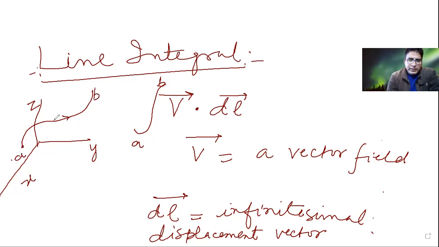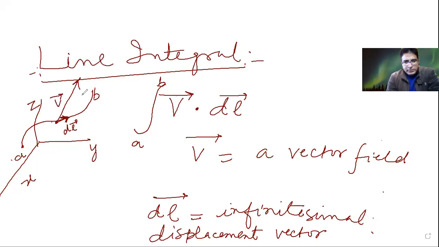This vector field will have different direction and magnitude at different places. For example, we take this point here. This is my dl. Let this vector field be this way.